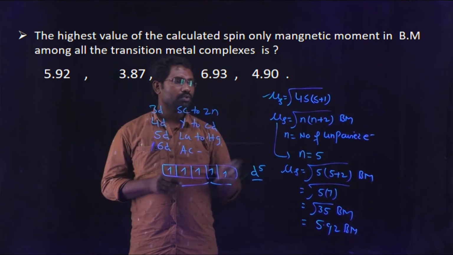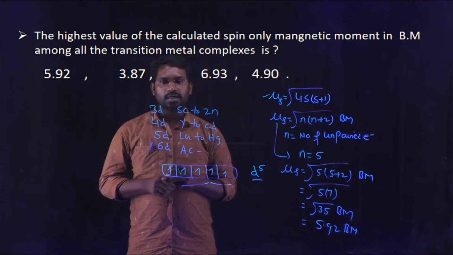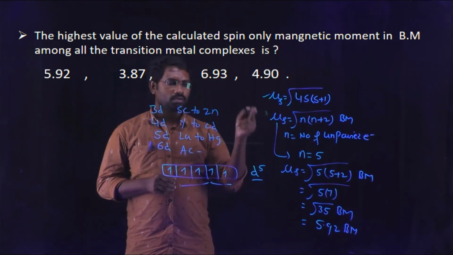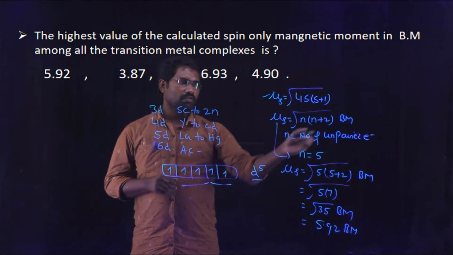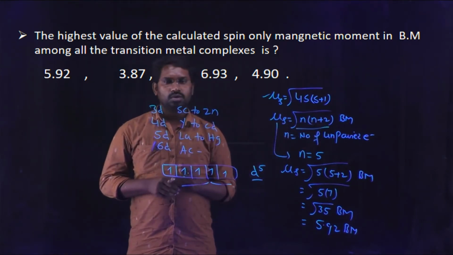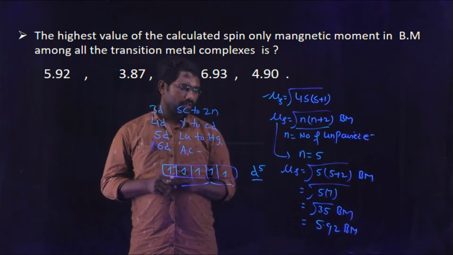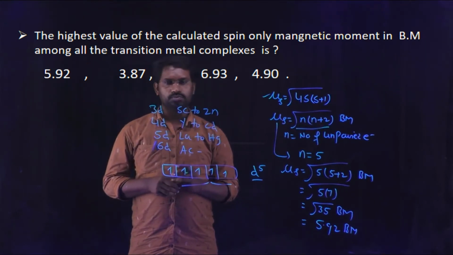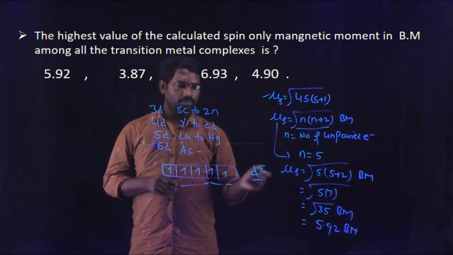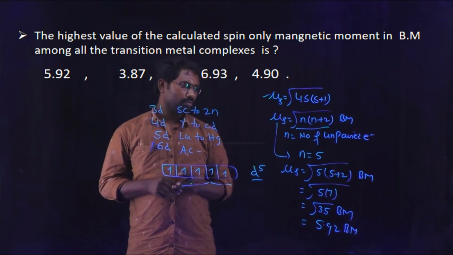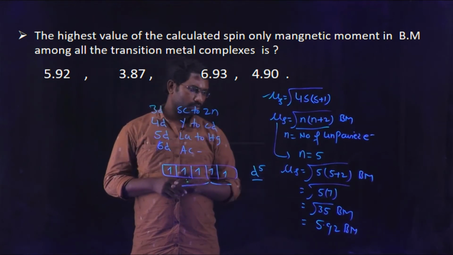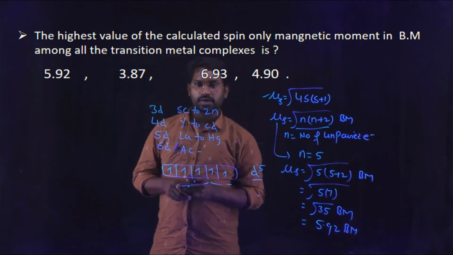That's why we have to use the magnetic moment calculated by only spin magnetic moment, using the formula square root of n into n plus 2, where n is the number of unpaired electrons. The number of unpaired electrons is 5, so in place of n we put 5. We get root 35, which is equal to 5.92 Bohr magneton.